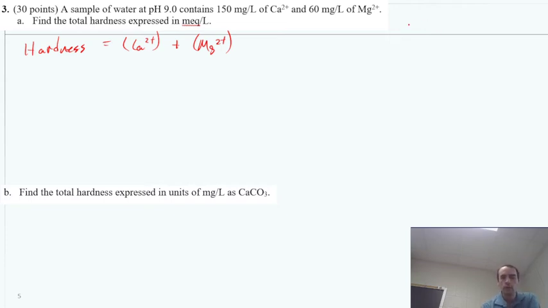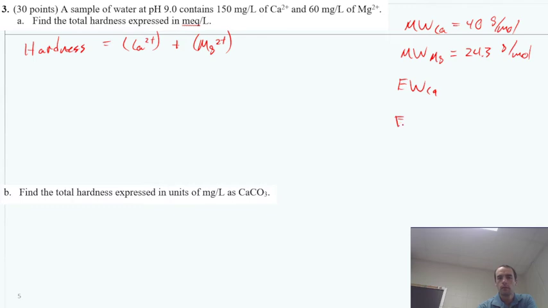So we're going to need a few things. We'll need the molecular weight of calcium, that's 40 grams per mole. Molecular weight for magnesium is 24.3 grams per mole. The equivalent weights then for calcium and magnesium are going to be essentially those divided by their charge.